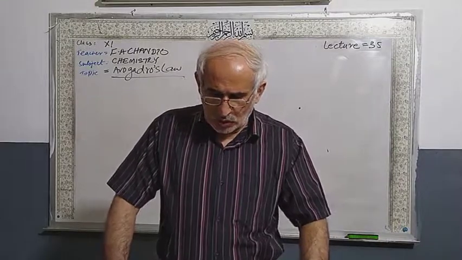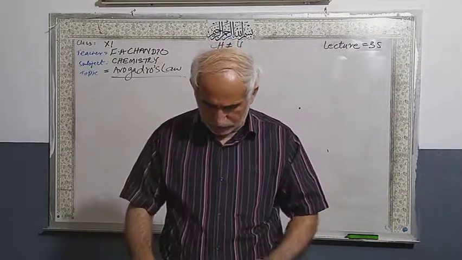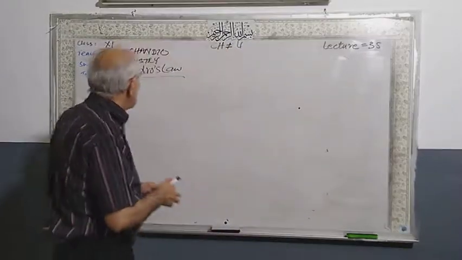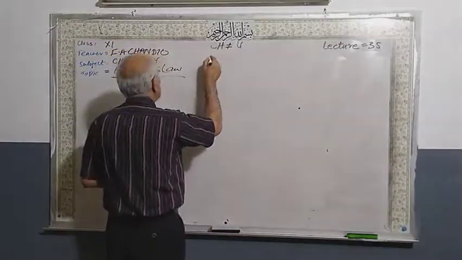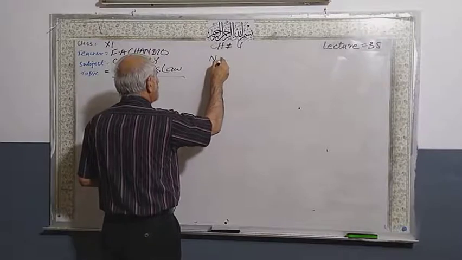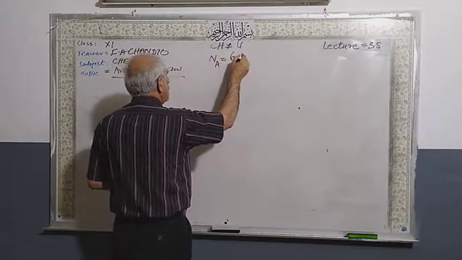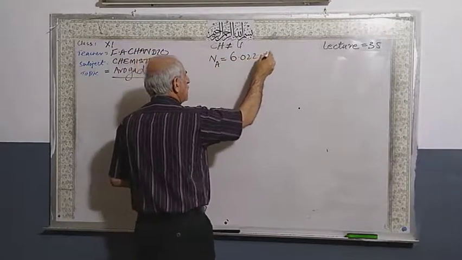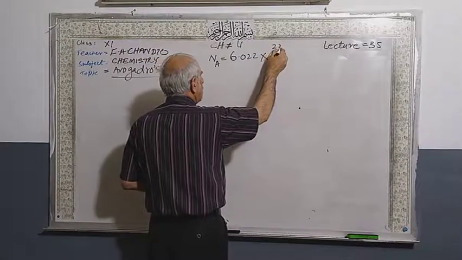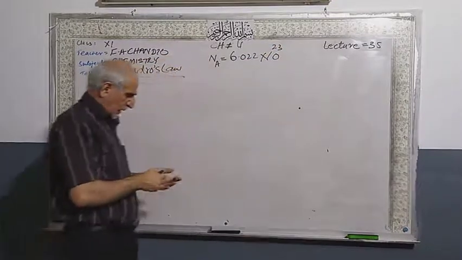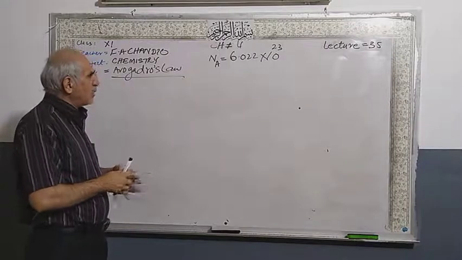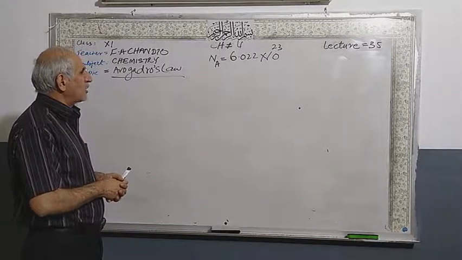So you know Amedeo Avogadro gave a constant value, 6.022 into 10 raised to power 23 particles. Particles may be atoms, ions, molecules, or formula units.